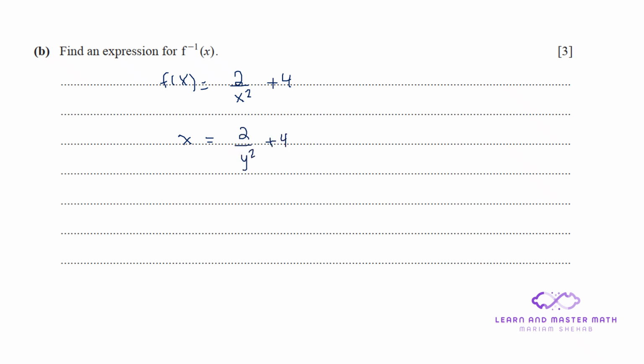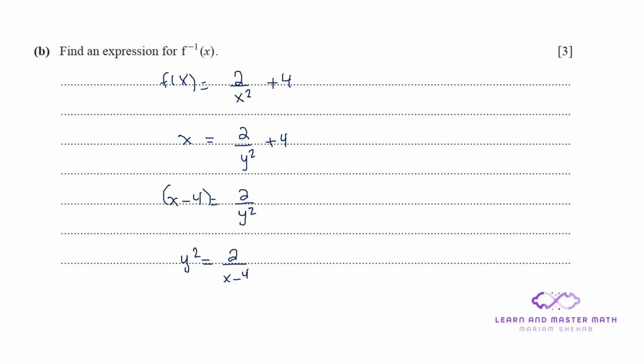And you can keep this step for the end. Try to make y the subject. So I'm going to isolate the y. I'll take 4 to the other side. We get x minus 4 equal to 2 over y squared. Do cross multiplication here. This will be y squared equal to 2 over x minus 4.